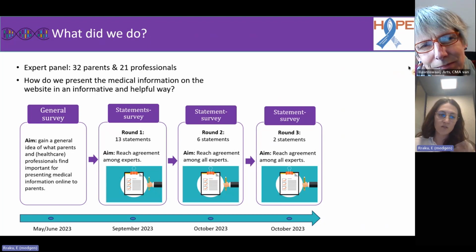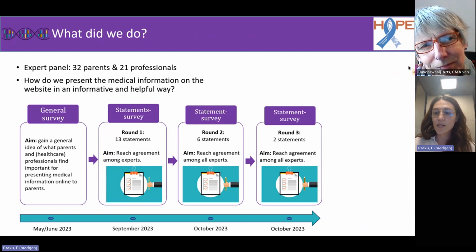In the first round, agreement was reached among the panel on 7 statements, so there were 6 statements left for the second round. And after that, there were 2 statements left, and eventually we had reached agreement on 12 out of the 13 statements. And I will go more into detail on a few of the statements later on.